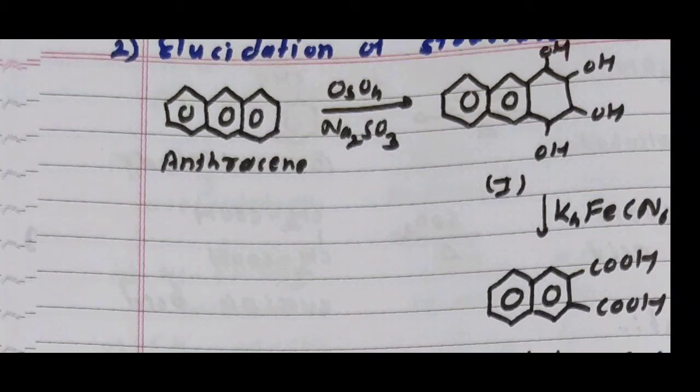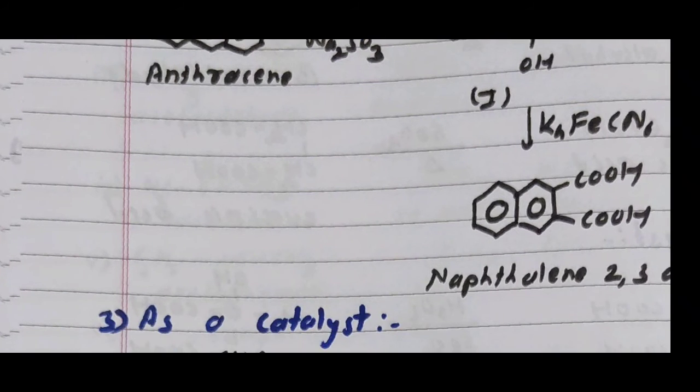Tetrol means four OH groups. This tetrol reacted with K3Fe(CN)6 gives naphthalene-2,3-dicarboxylic acid. Then naphthalene-2,3-dicarboxylic acid via the tetrol implies that the fusion of rings is linear in the case of anthracene. This is the application of OsO4 for elucidation of structure.